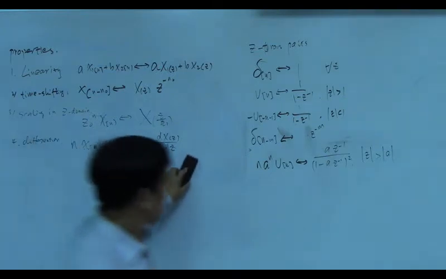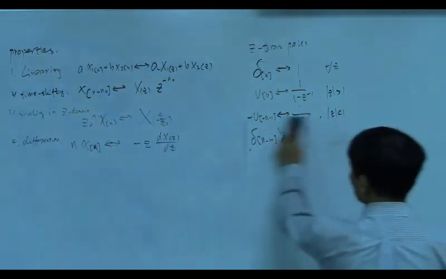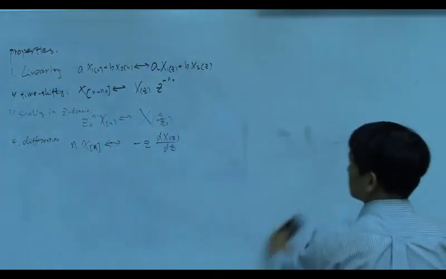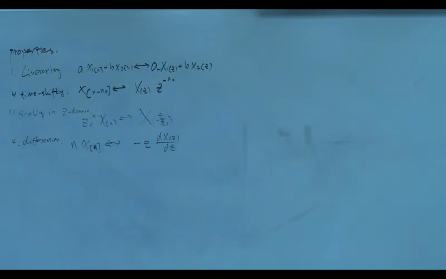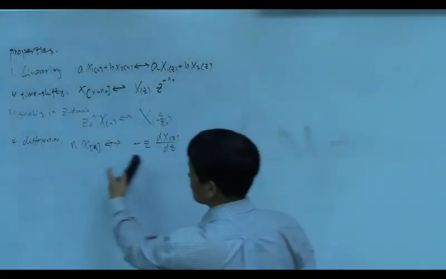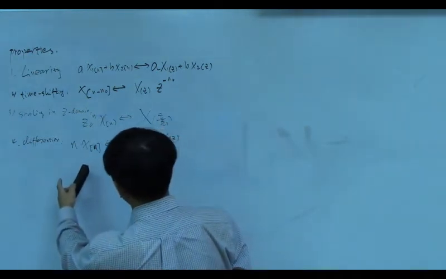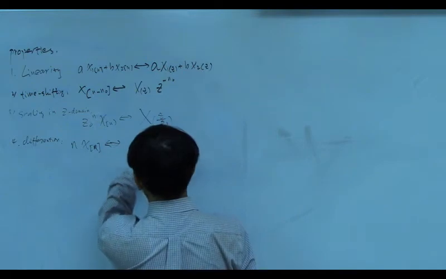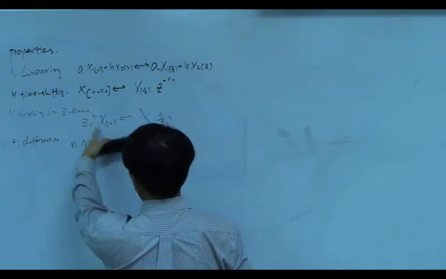Let me read this one. The scaling in the Z domain, what is in the parentheses beside the second x? This one? Yeah, z0.